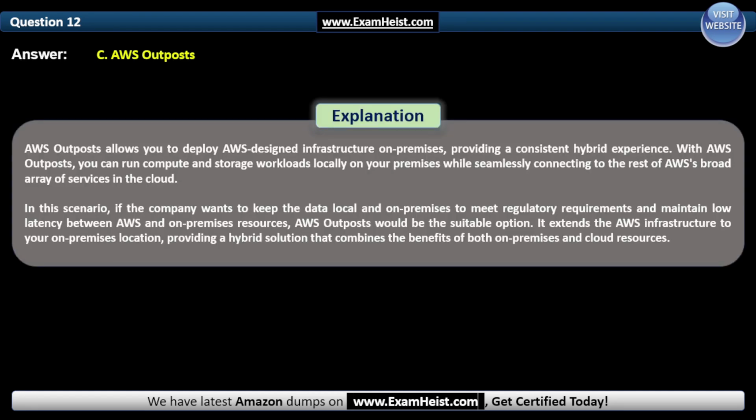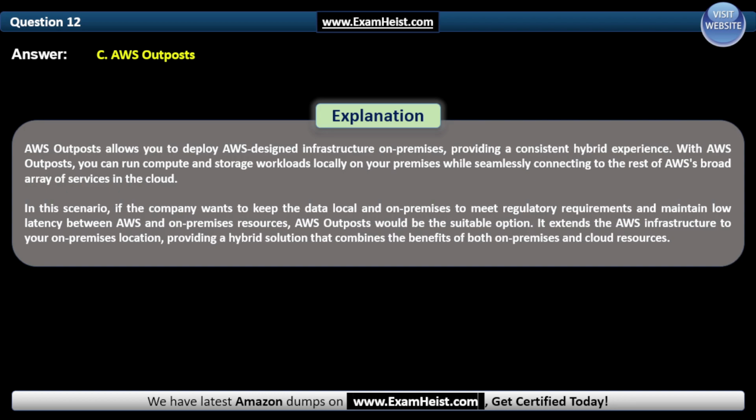AWS Outposts allows you to deploy AWS designed infrastructure on premises, providing a consistent hybrid experience. With AWS Outposts, you can run compute and storage workloads locally on your premises while seamlessly connecting to the rest of AWS's broad array of services in the cloud.